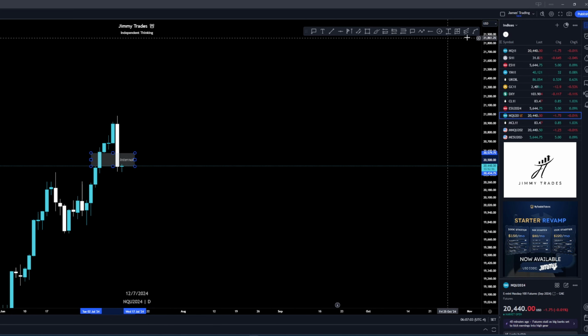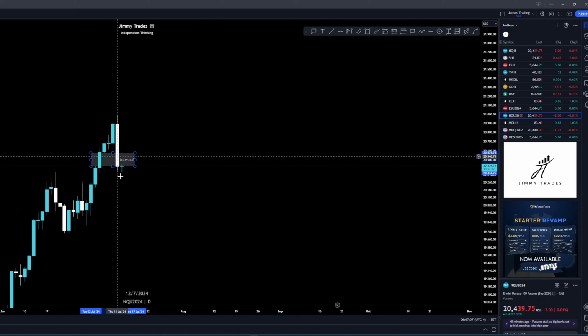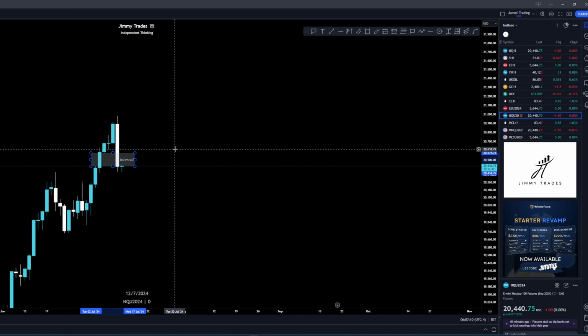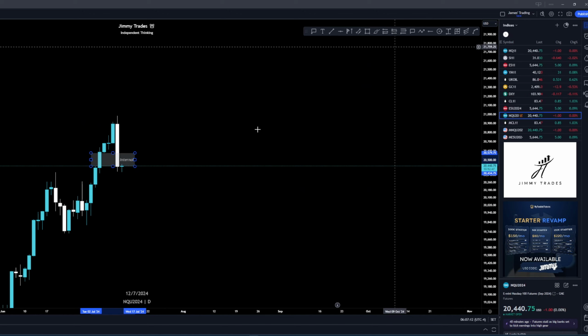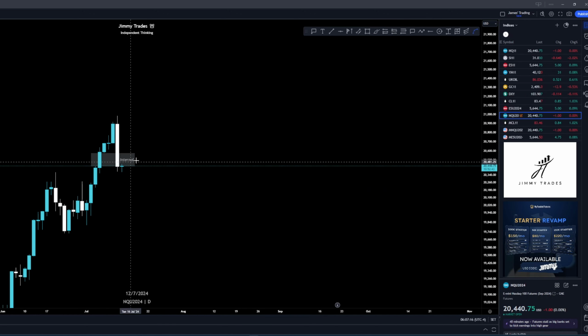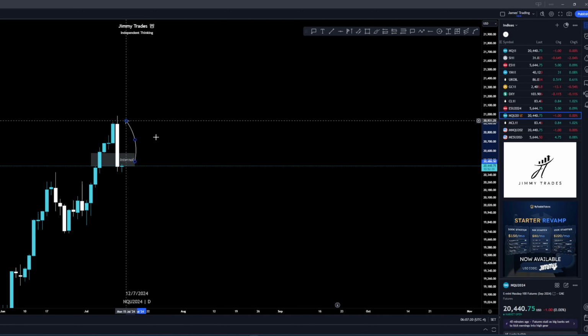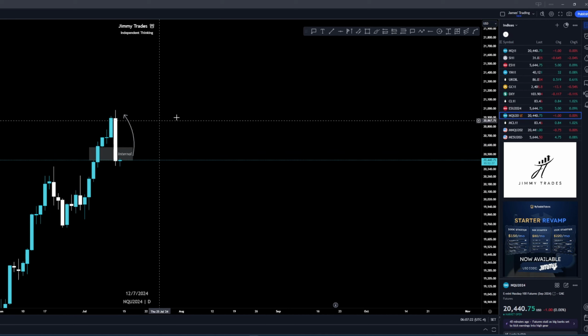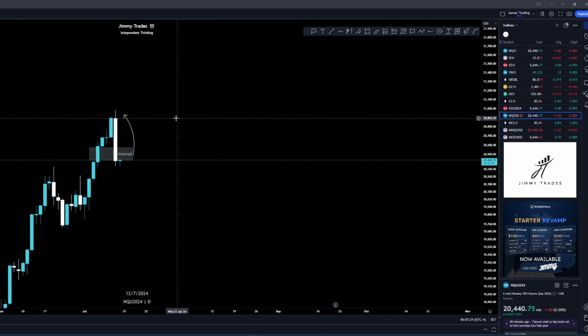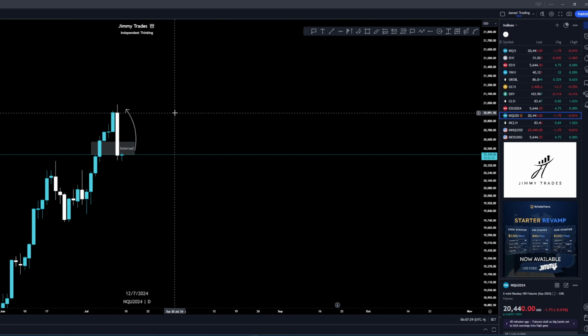Now, that being said, I would cautiously be looking for price to move higher. And I think we'll get a better idea as we move down the time frames on what market structure is doing.